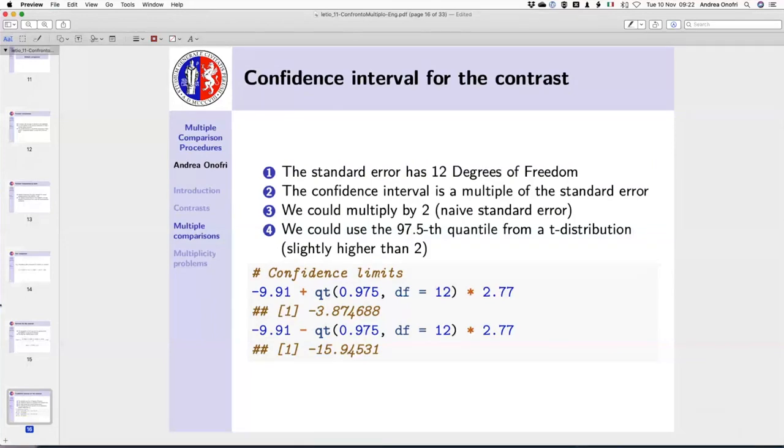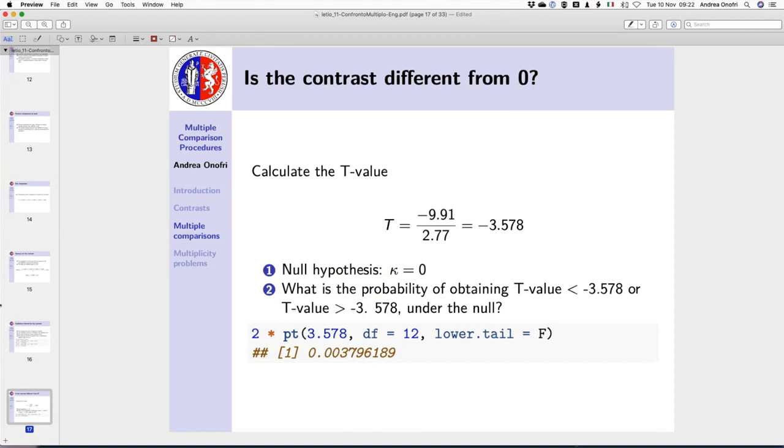So that's good. Again, this is important because we have the effect size with confidence intervals, confidence limits, as it is written there. But still, we would like to take a decision. And the decision is: is the contrast different from 0?